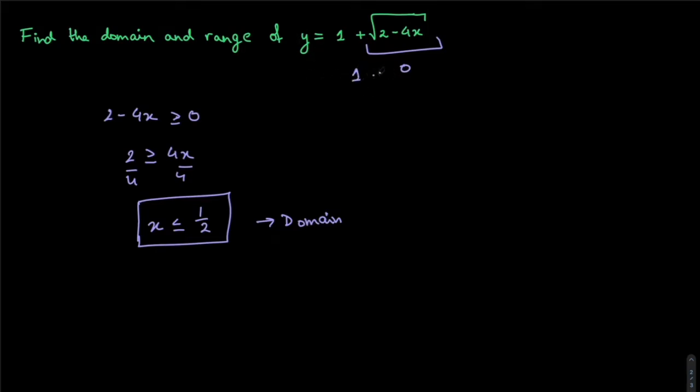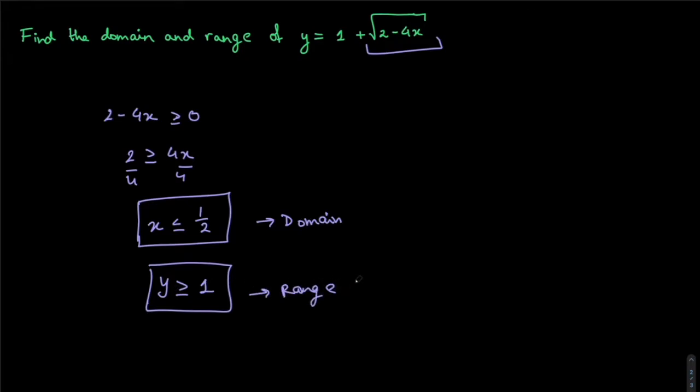It's going to be 1 plus 0. So the lowest possible value is 0, but we're also adding a 1, so it's actually going to be y equal to 1. That is the lowest possible value. So it's y equal to 1 and all the numbers greater than 1. My range becomes y is greater than or equal to 1. That becomes my range.